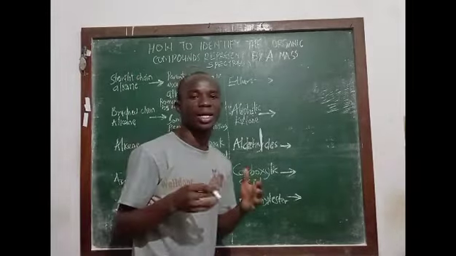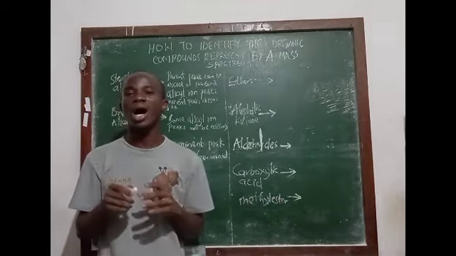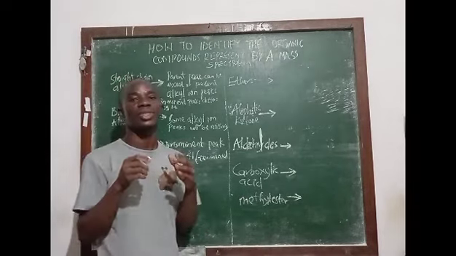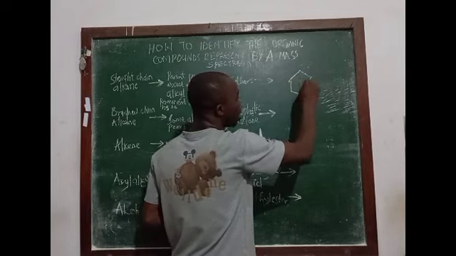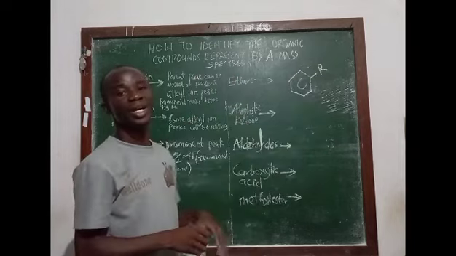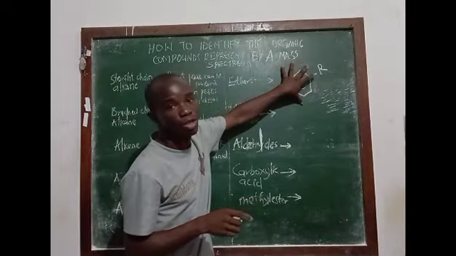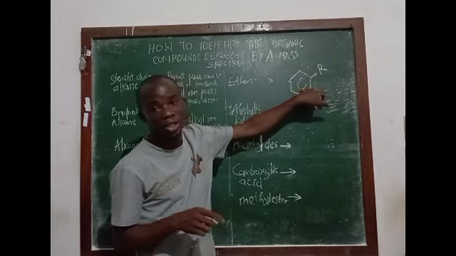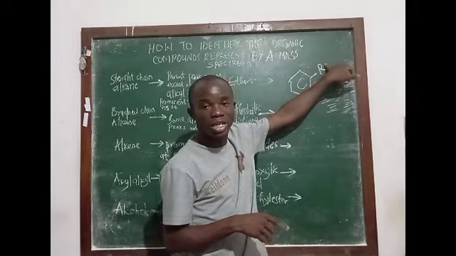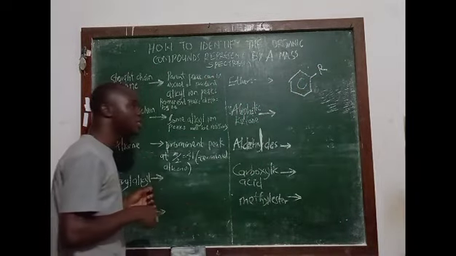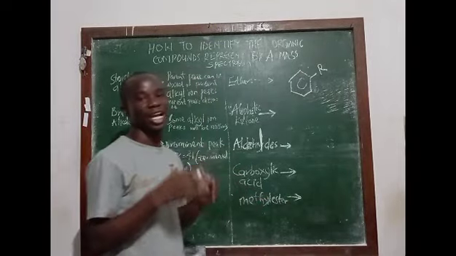Now, for aryl alkyl compounds, these are compounds that contain an aromatic ring system together with an alkyl group. For this class of compound, where you have a benzene ring, that is a phenyl ring, with the alkyl group together, you can always see a prominent peak at 91.